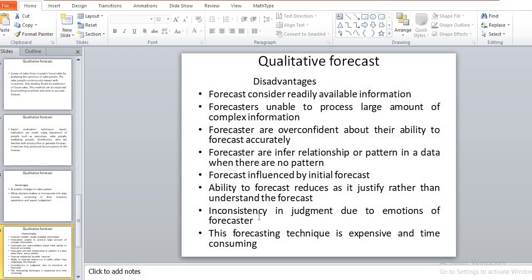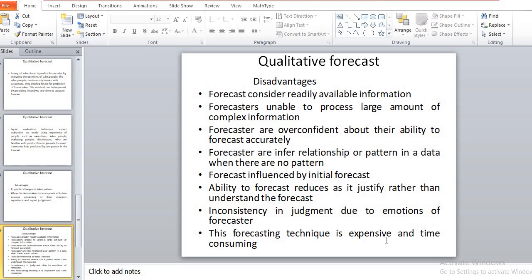Another one is inconsistency in judgment due to the emotions of the forecasters. Some emotions about a particular product or about a particular product development are included in this forecasting technique. So the emotions of the forecaster may become a barrier in the forecast of that particular product.